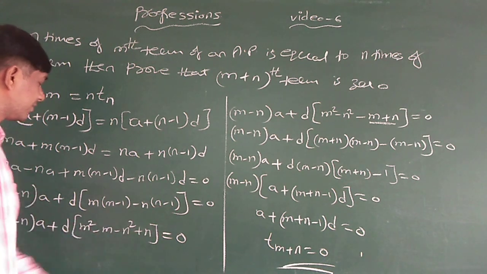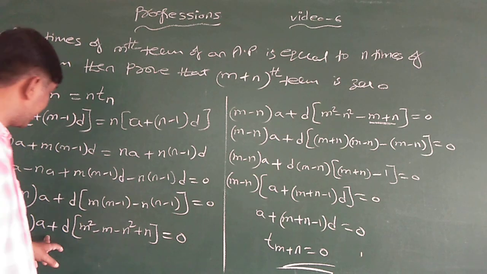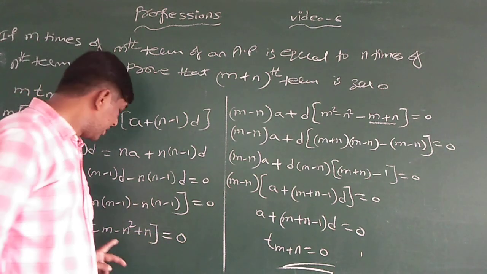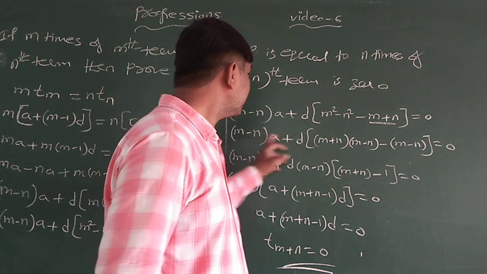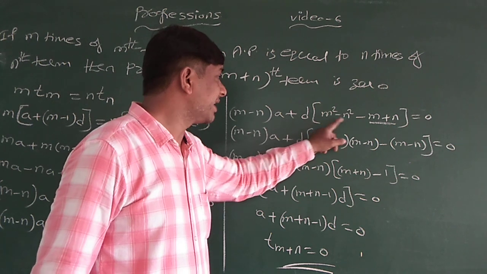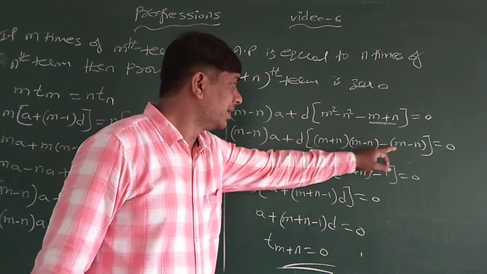And I simplify this one. Now m minus n into a plus d into, together, m square minus n square minus m plus n. Now m minus n into a plus d into m plus n, using a square minus b square, plus b into m minus b. Minus I took common, m minus n is equal to 0.